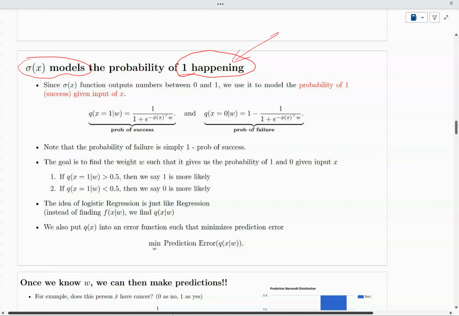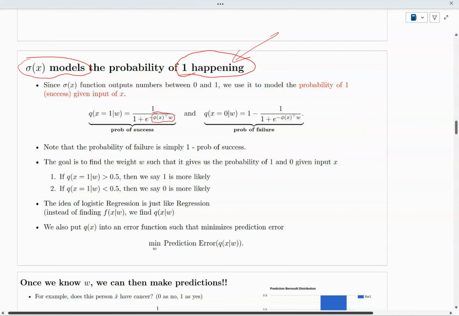So if you can get this probability, that's great. So we're going to say the probability of success is when x is equal to 1, and we're saying that it could be modeled with a sort of sigmoid function. Not exactly the same. Remember the sigmoid was 1 over 1 plus e to the minus x. So we changed this portion a little bit.